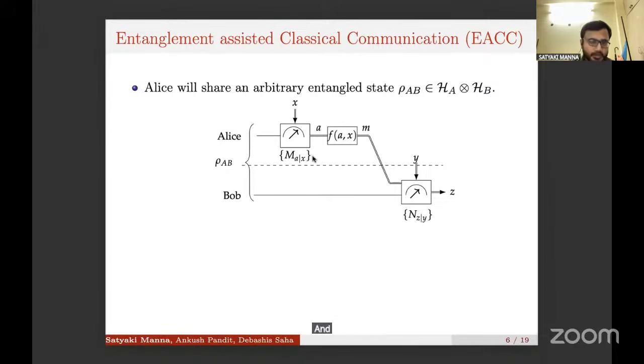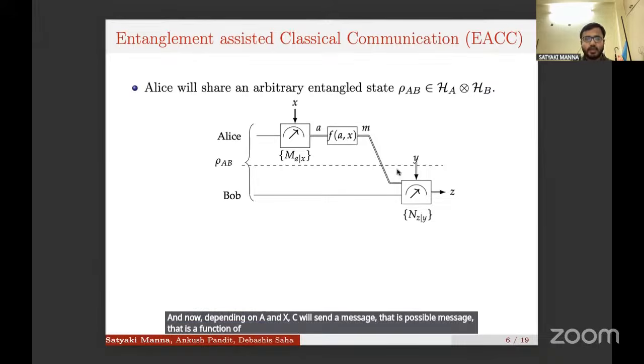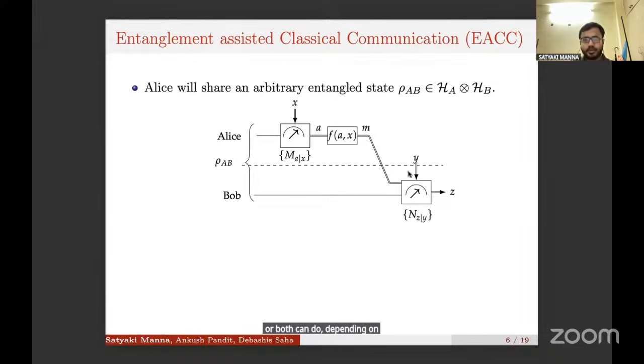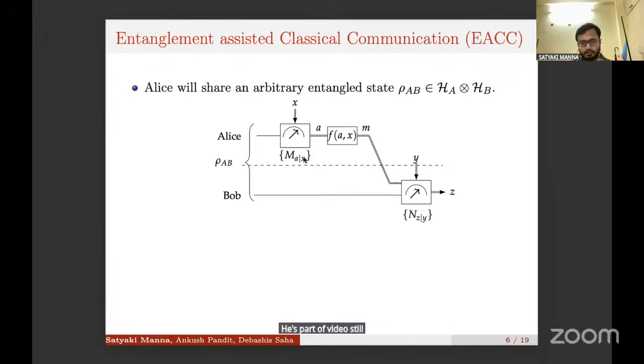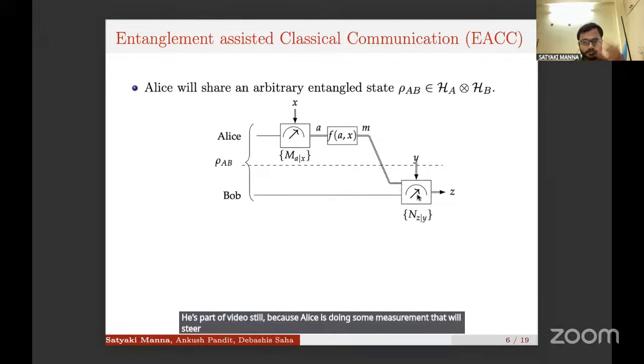Then, depending on a and x, she will send a classical message, which is a function of x. Bob, depending on his input and that classical message M, will do another measurement on his part of the reduced state, because Alice's measurement steers Bob's state into another state, and Bob will do the measurement on that part of his state and produce an output.